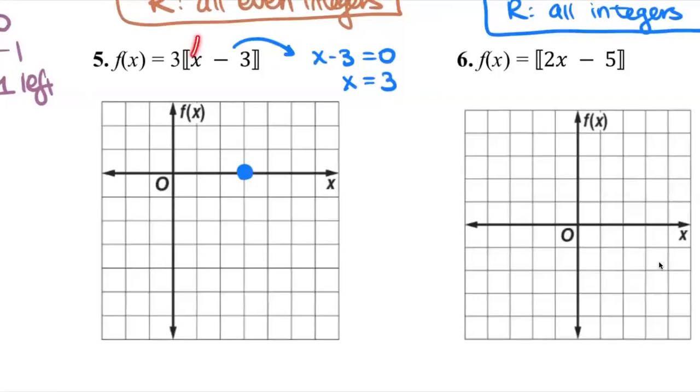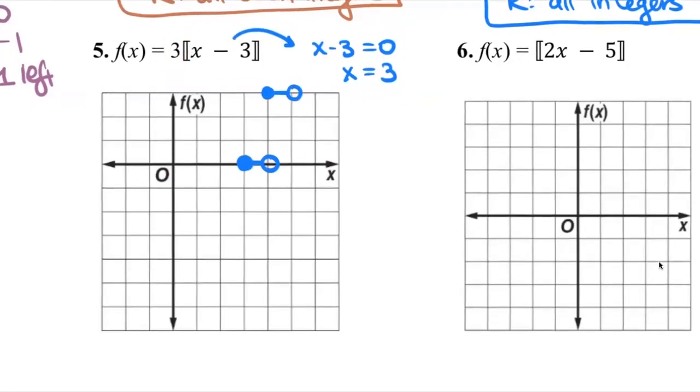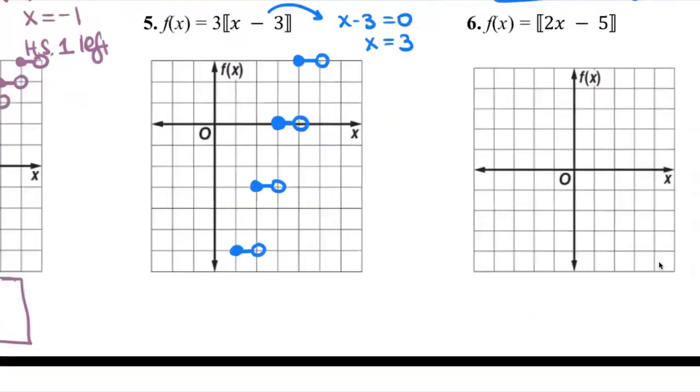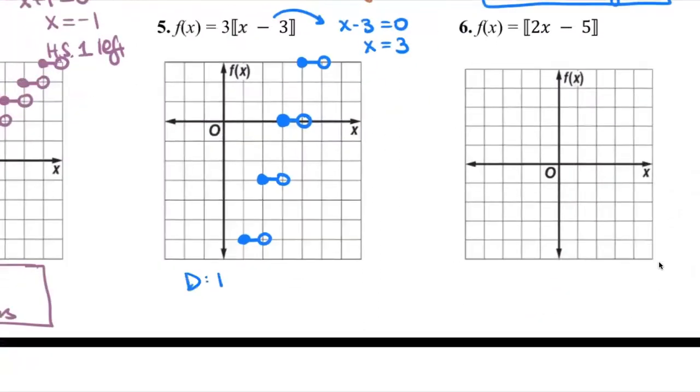Since nothing is multiplied in front of the x, I know the length of my step is just still going to be 1. And then because of that 3, I know I'm going to jump up 3 to get to my next step. And then down 3 to get that step. All right, so there's my graph. And then domain, all real numbers.